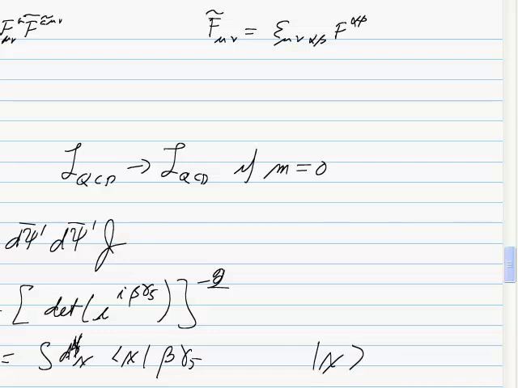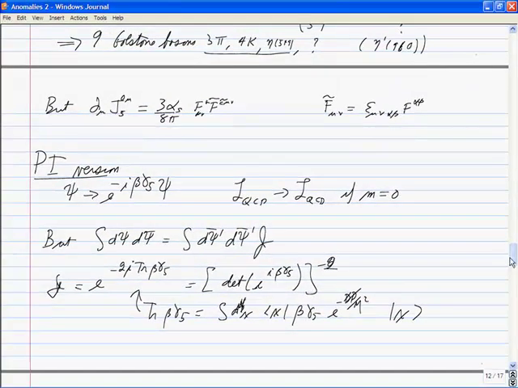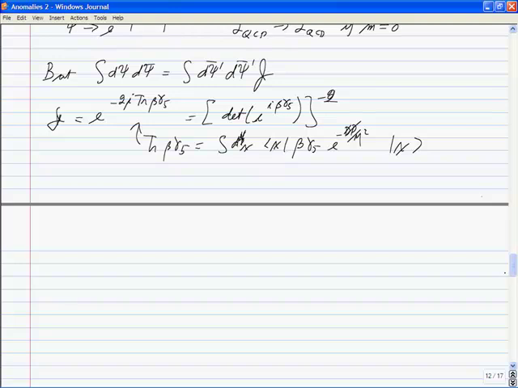Fujikawa tells us to regularize that, so we do e to the minus d slash squared over m squared. And you do the same sort of calculation that I did for the other one. You expand that out, you use the heat kernel.